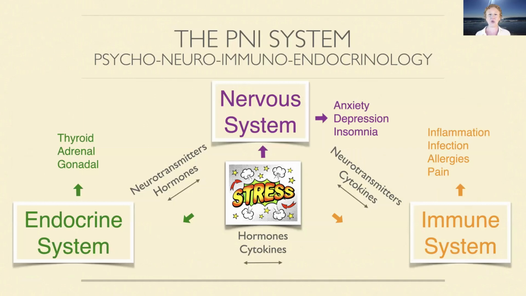So what's the system underneath all this that's connecting our thoughts and emotions to the physical? And it's pretty complex, as you can see by this rather messy slide, and this very, very long term: psycho-neuro-immuno-endocrinology. So there's no quiz at the end of this. I'm not stressing you out further by giving you a mental challenge to learn this, but this really describes the physical connections, the tangible mechanisms that exist that connect thoughts and emotions to physical outcomes.